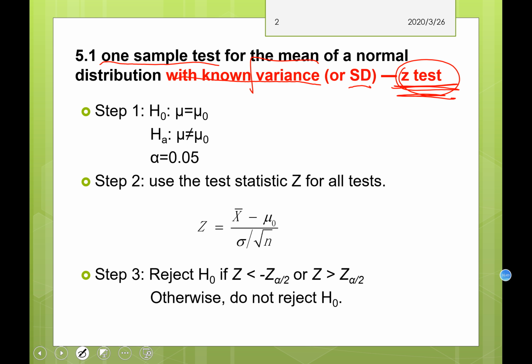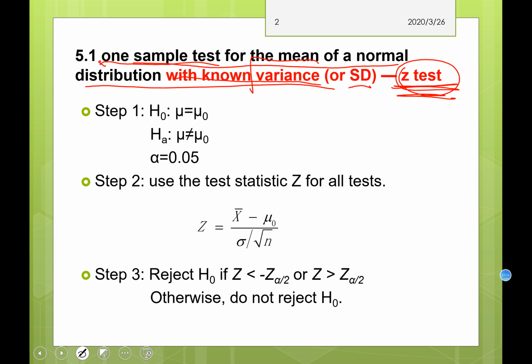So this title is actually the precondition for z-test. z-test is used for one sample test of the mean of a normal distribution, when the variance is given or the SD is given.